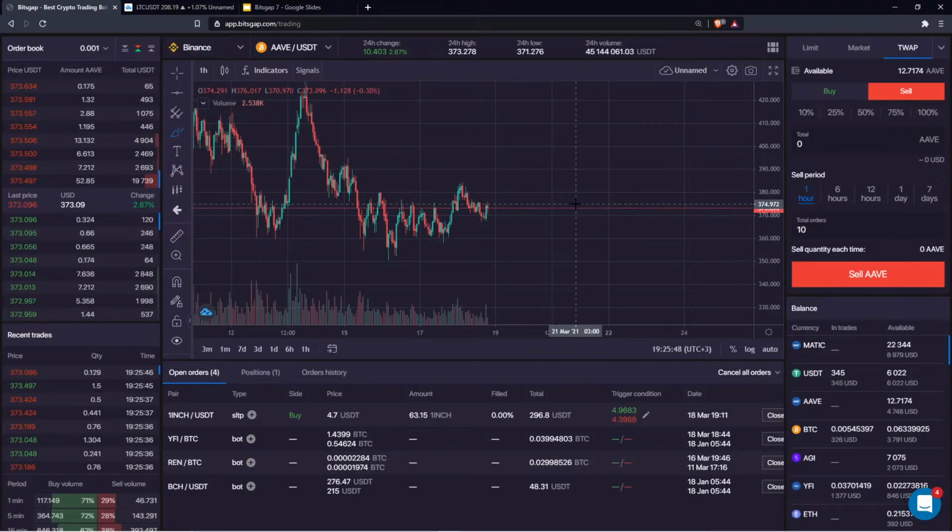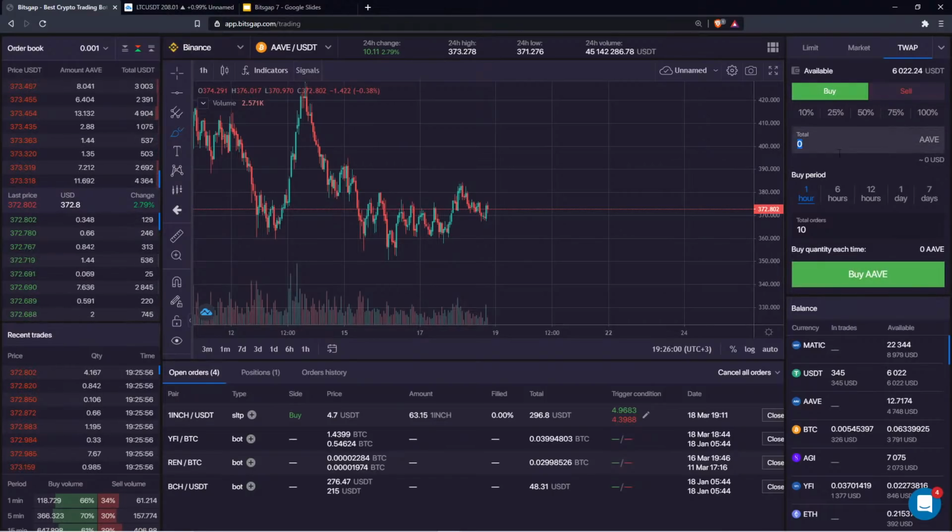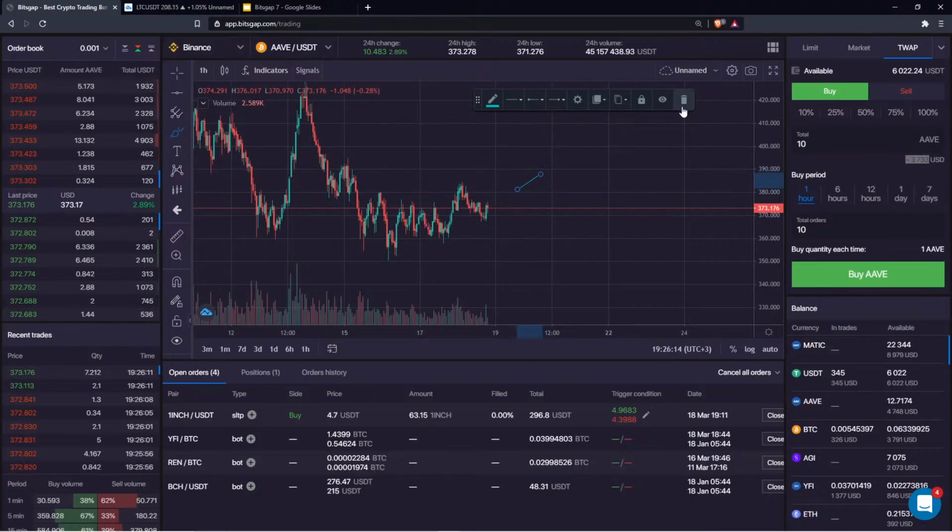In order to avoid this extreme volatility that you can create on highly illiquid crypto, using Twap is the solution for you. Let's say you want to buy 10 Aave, which is worth 3,700. It won't buy 10 Aave instantly at the current price, because otherwise, let's assume that Aave is an illiquid crypto and this volume would significantly affect the price. You don't want this to happen, right?